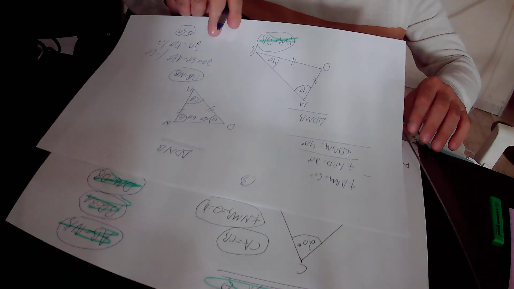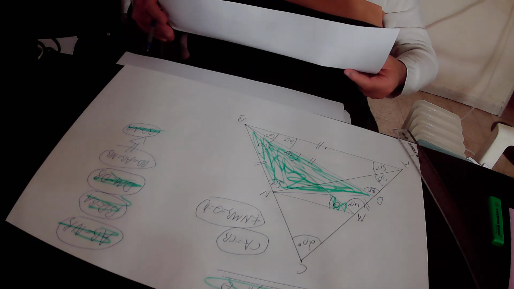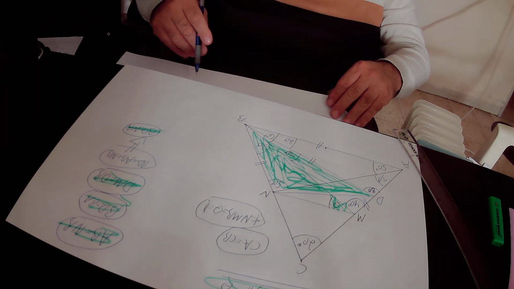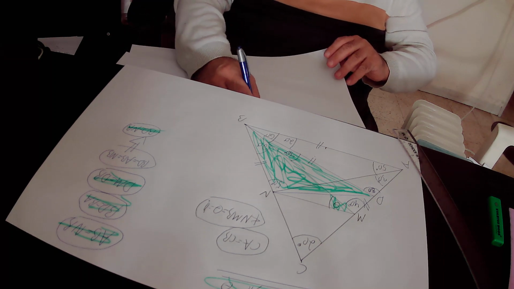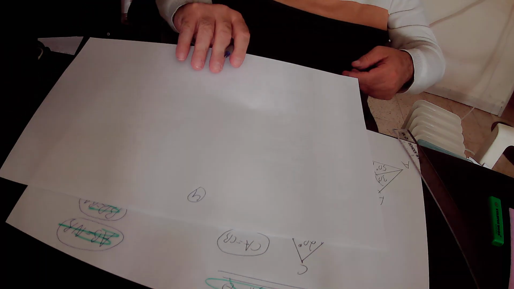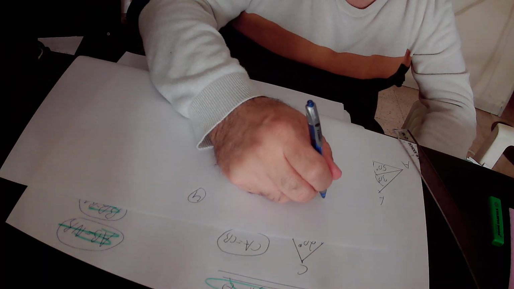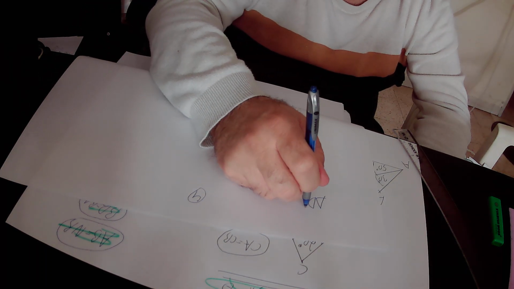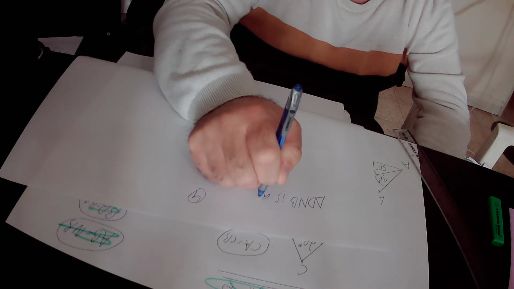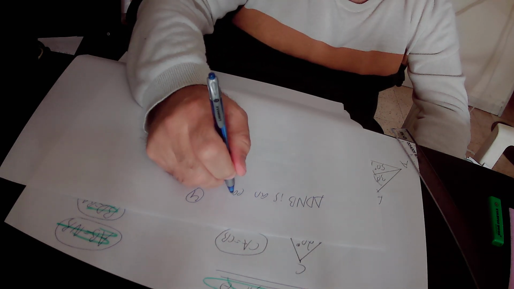I write it down here: triangle DNB is an equilateral triangle.